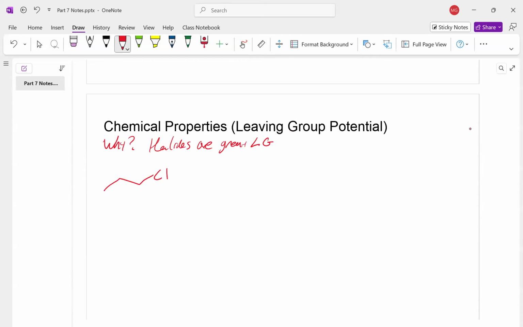So if we think about a carbon-chlorine bond, the halides typically are more electronegative than carbon. And so that chlorine's partially negative, which leaves this carbon partially positive. Well, this is a good electrophilic site.